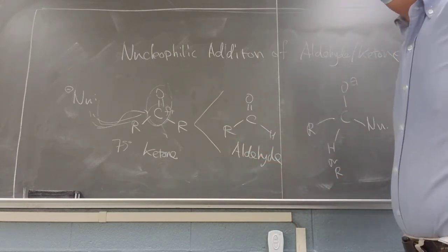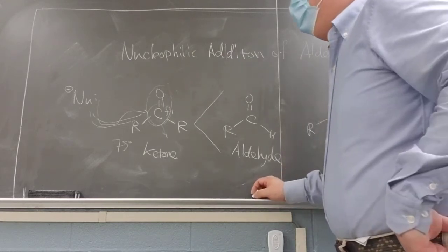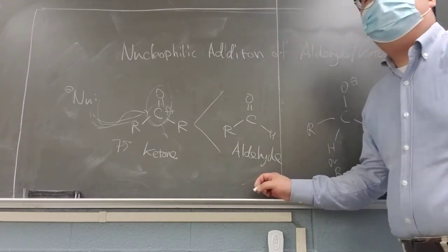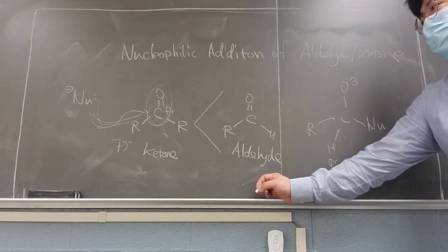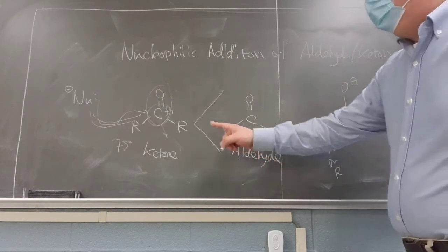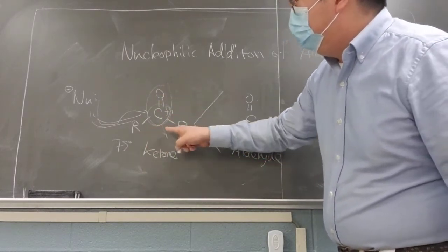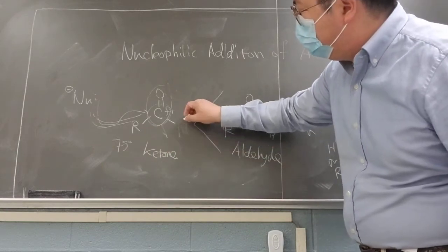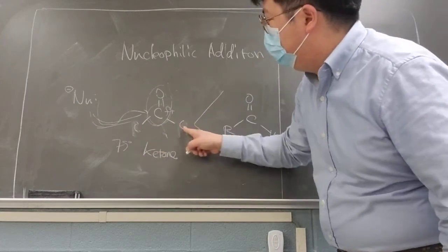We'll show you one example soon today. It's hydration. And also, if you think about it electronically, meaning the electron density on the compounds, this carbon in the carbonyl group is flanked by these 2 R groups, which are alkyl carbon groups.